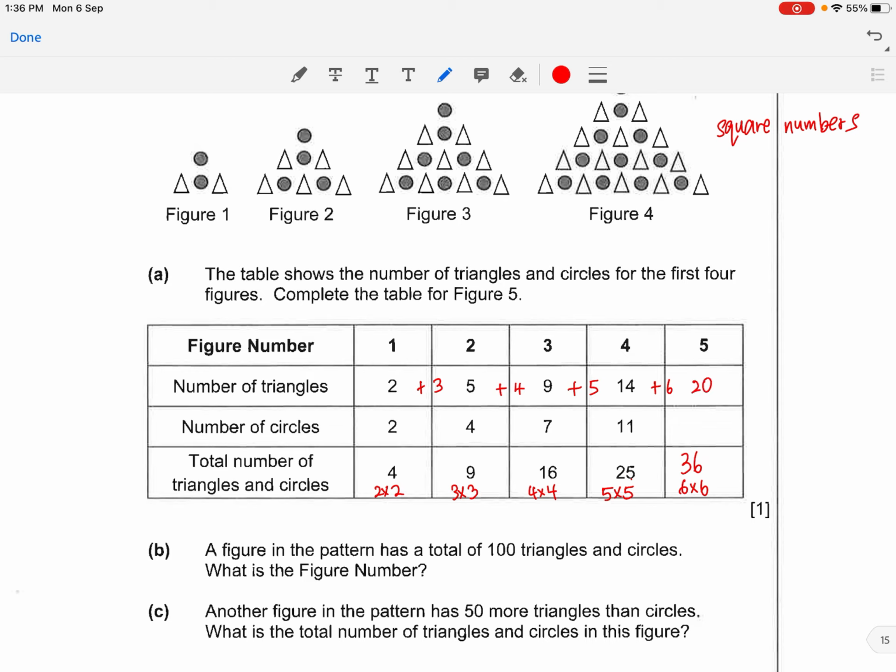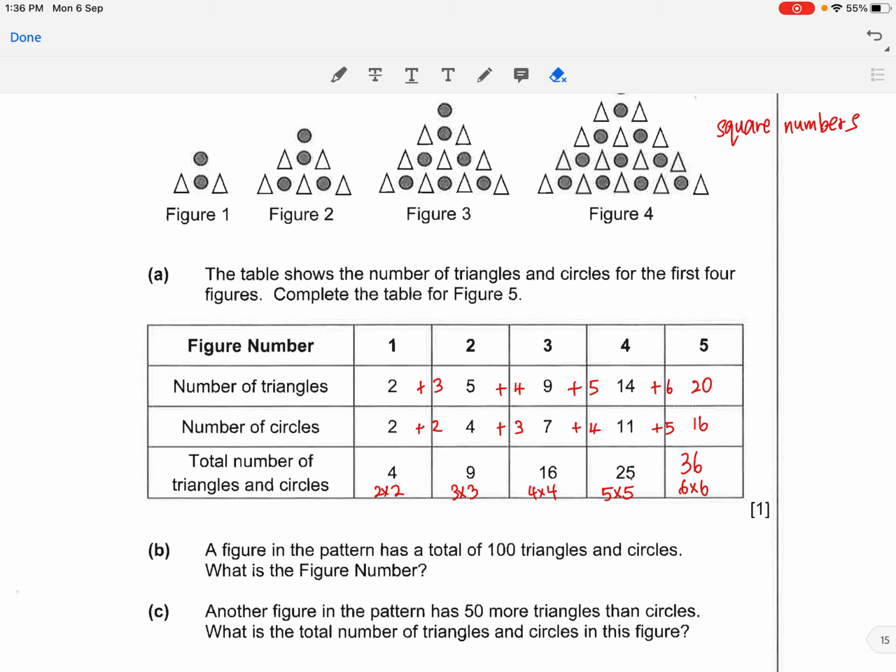And if I look at the number of circles horizontally, this will be plus 2, plus 3, plus 4, the next one will be plus 5. Plus 5, I'll get 16. So I also do a check. If I have 20 and 16, when I add them together, you will actually get 36. So this is how I get my answer for part A. Okay, so I'm going to erase things that I don't need.